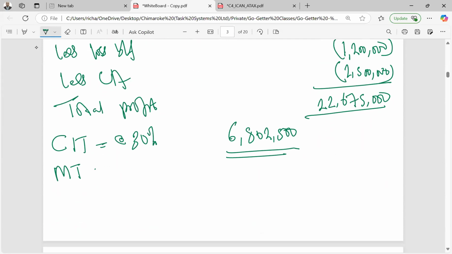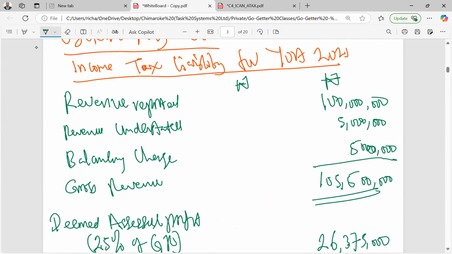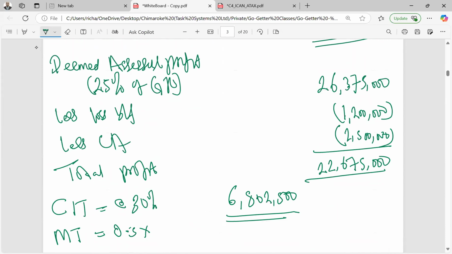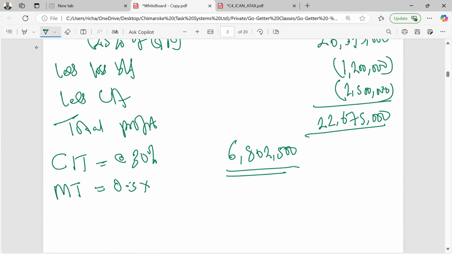Minimum tax is supposed to be 0.5% of gross turnover.